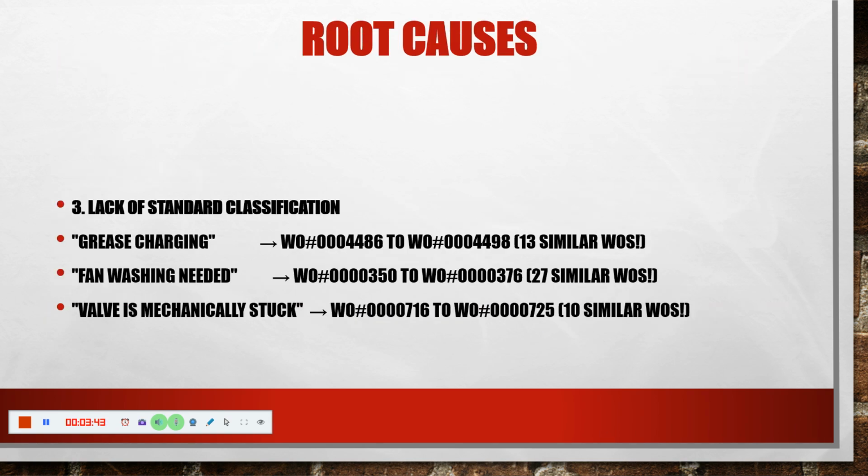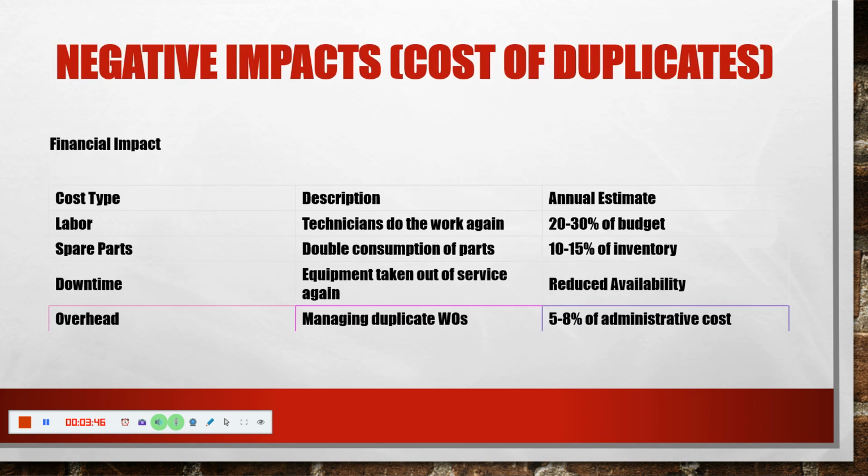Now we will speak about the negative impact when we have duplicated work orders in systems. We have some negative impact in our CMS. The most important negative impact is financial impact. For example, about labor, a technician does the work again; about spare parts, double consumption of a part; and downtime, equipment taken out of service again.